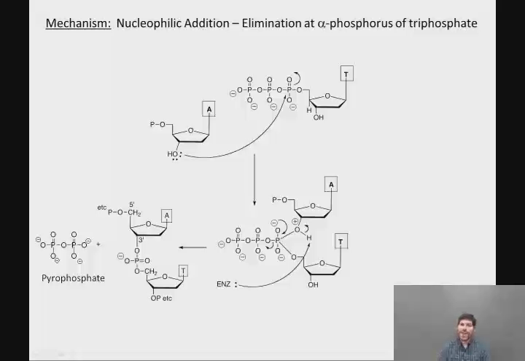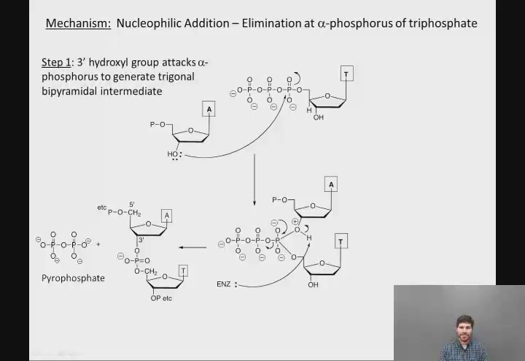Okay, so let's look at this mechanism. And again, because it's in this unit on acyl transfer, it's going to be an acyl transfer mechanism of sorts, but at least it's going to be nucleophilic addition followed by elimination at the alpha phosphorus of the triphosphate. So step one of this mechanism is that the 3' hydroxyl group on the existing DNA chain is going to attack the alpha phosphorus of thymidine triphosphate, and that will generate the trigonal bipyramidal intermediate.